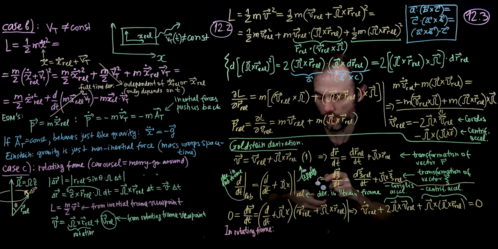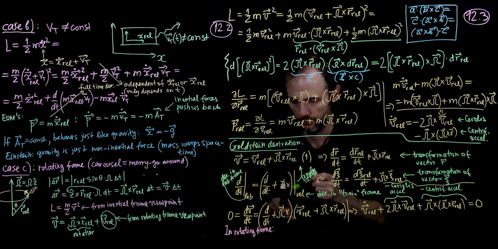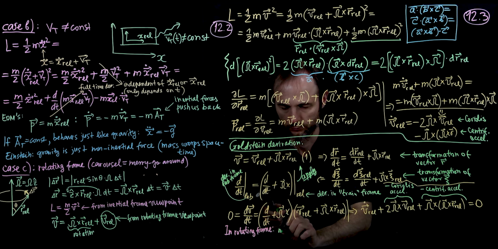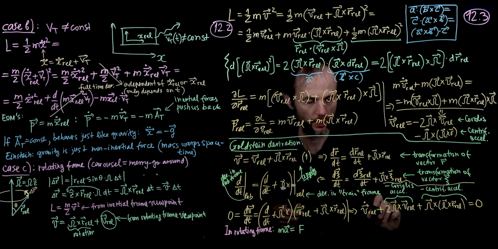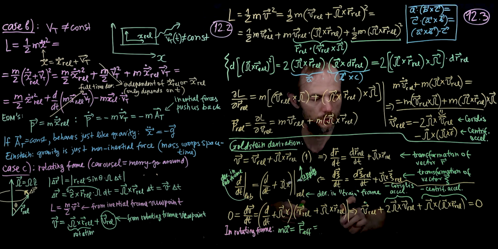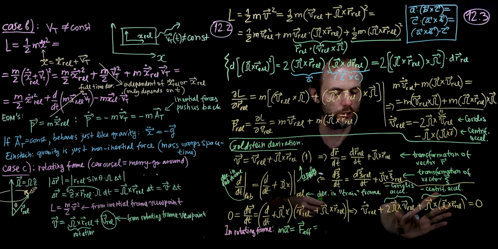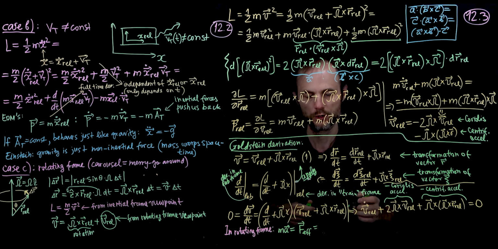So in the rotating frame, we're going to get that m times a is going to be equal to, and we're dropping all the relative indices because now everything is in the rotating frame, F effective, so the sum of all of these extra forces that correspond to these accelerations, so the Coriolis force and the centrifugal force.